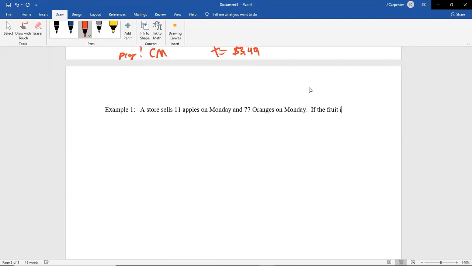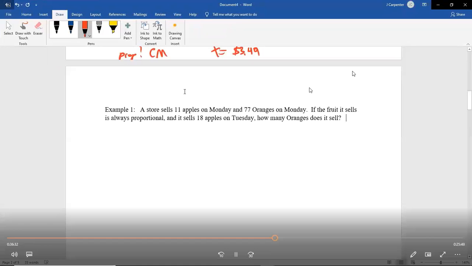If the fruit it sells is always proportional, it sells 18 apples on Tuesday, how many oranges does it sell? That's going to be part A. So we'll do that and then we'll put up part B after that.